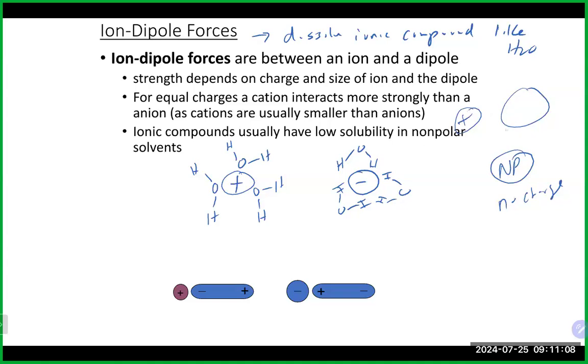They don't have that way to interact oppositely, positive and negative. So when we put an ionic compound into a nonpolar solvent like Br2, it pretty much will not dissolve, because they can't really interact well with one another.